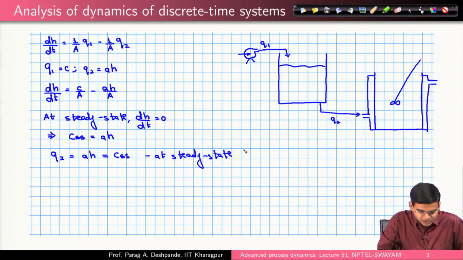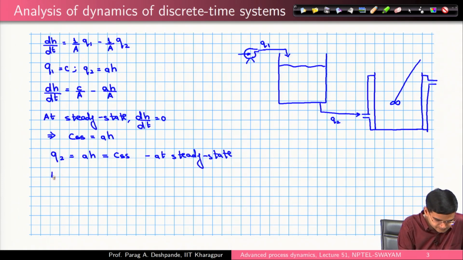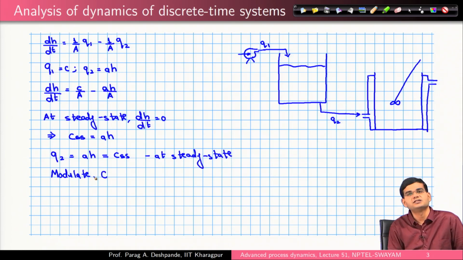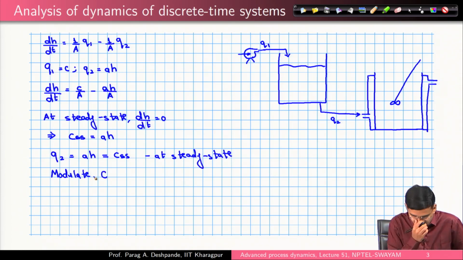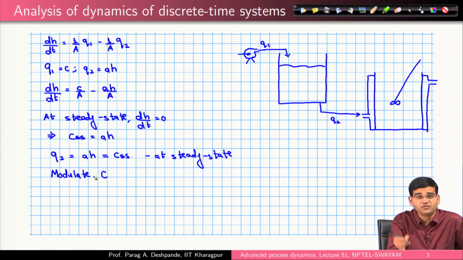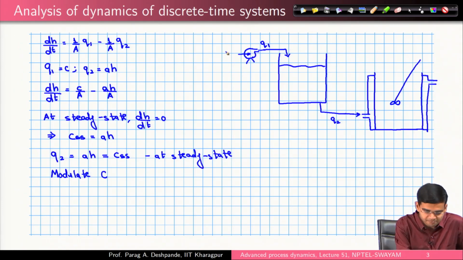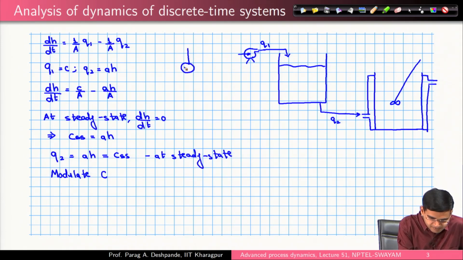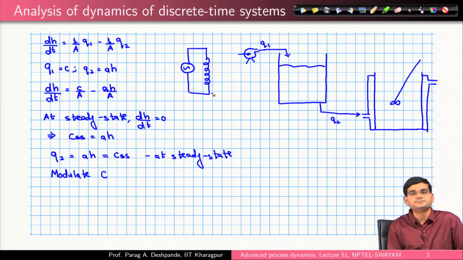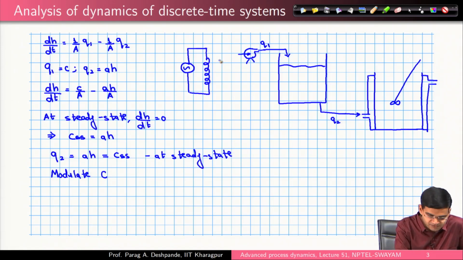Well, I need to modulate C. So, imagine that my centrifugal pump is equipped with a variac, or a system which would look like this: I provide my pump with a constant supply, but it comes through an auto transformer.